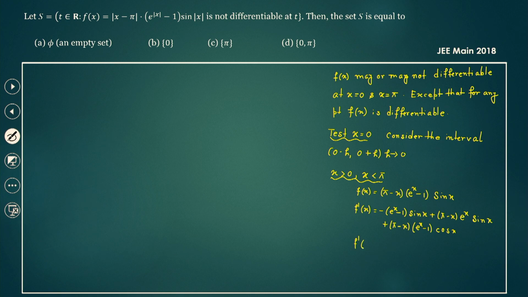So f dash 0 gives me, see, sine 0 is 0 and e to the power 0 minus 1 is 0, so therefore it's 0. That gives me the right derivative at x equal to 0.